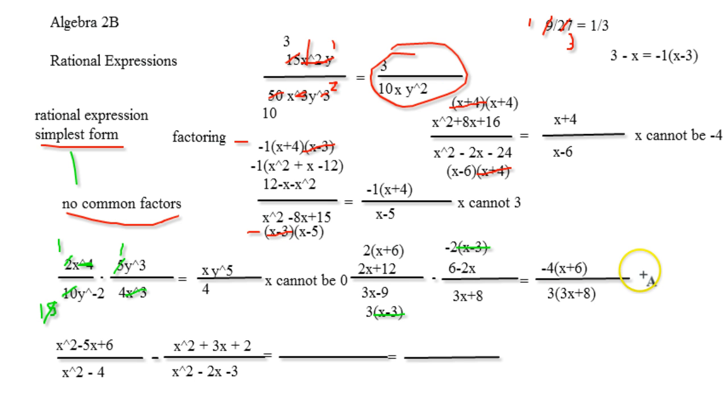And I would also say the removable discontinuity is 3. X cannot be 3. Now, if you're wondering what else it cannot be, you need to set this equal to 0, and you'll find out that x cannot be negative 8 thirds. Something simple as that.